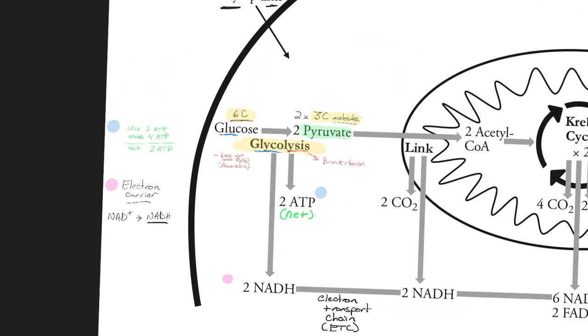This here is using an enzyme. Glycolysis is anaerobic, right? Does not use oxygen. It uses an enzyme to phosphorylate, to add phosphate to ADP to make ATP.